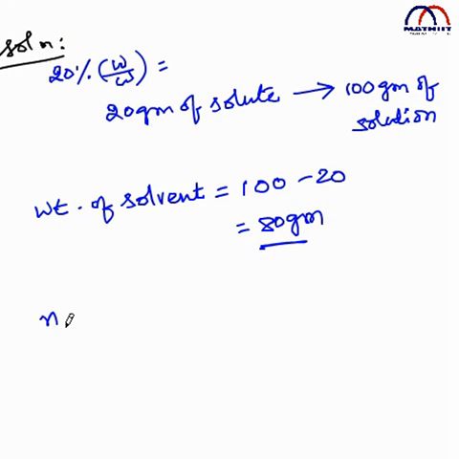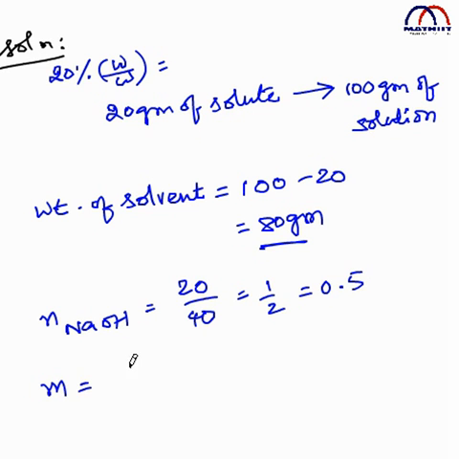Now let us find the number of moles of sodium hydroxide. That is by dividing 20 grams by 40, you will get 1 by 2. 1 by 2 is equal to 0.5. Then the molality is equal to 0.5 by 80. I am converting this 80 into kilograms.